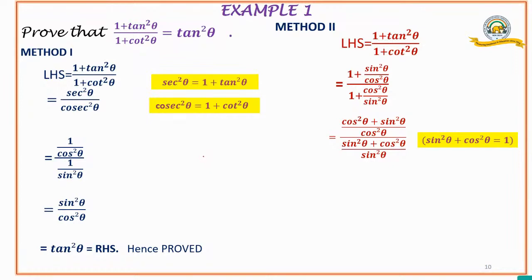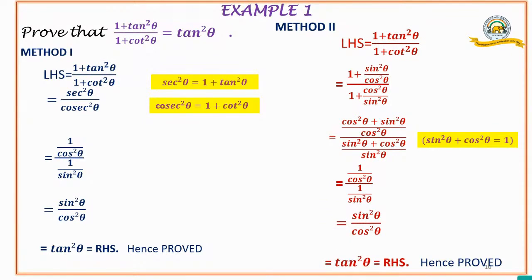So sine square theta plus cos square theta equals 1. So what do we get here? 1 upon cos square theta divided by 1 upon sine square theta. On dividing, it reciprocates and we get sine square theta by cos square theta, that is equal to tan square theta. So there we have proved the sum, method 1, method 2.